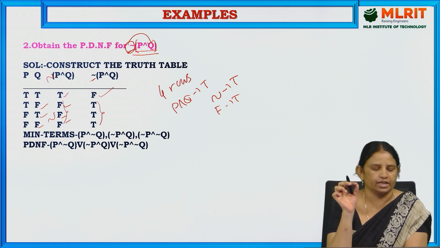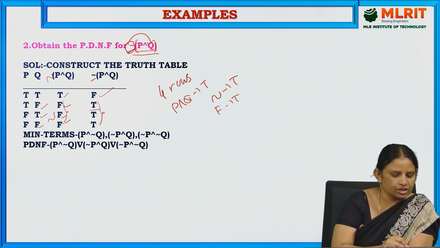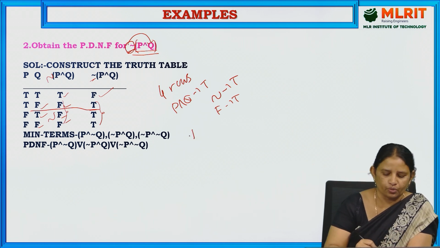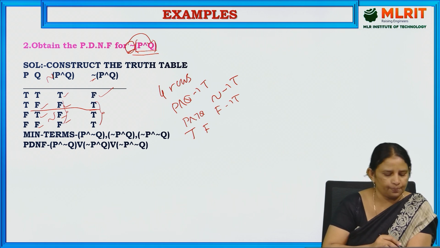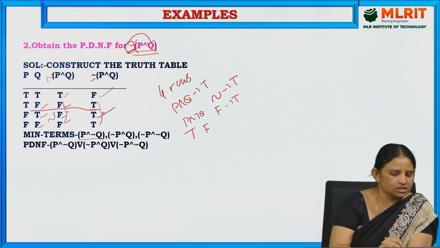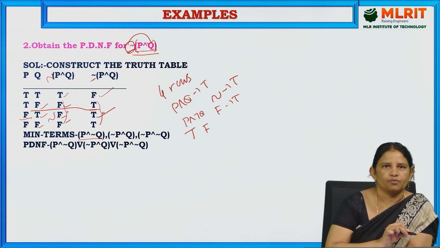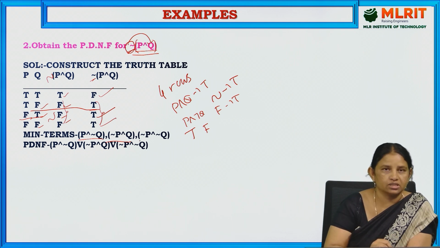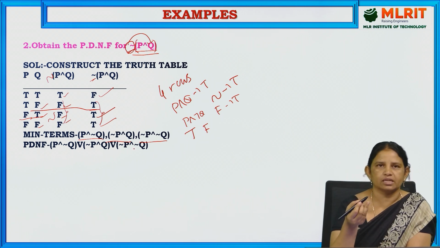What are the minterms? The first one is true with the combination true, false: true is P and false is negation Q, and take the conjunction, so P and negation Q. For the next term, P is false, that means negation P and Q. Third one, false false means negation P and negation Q. So PDNF is the sum of minterms.